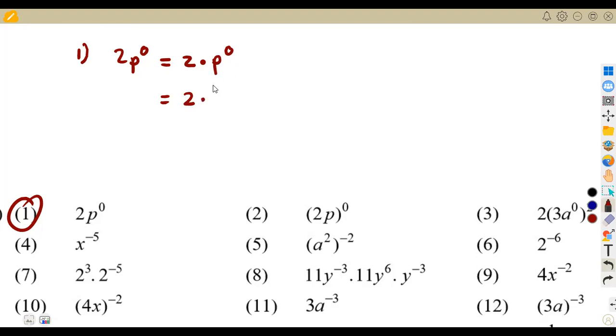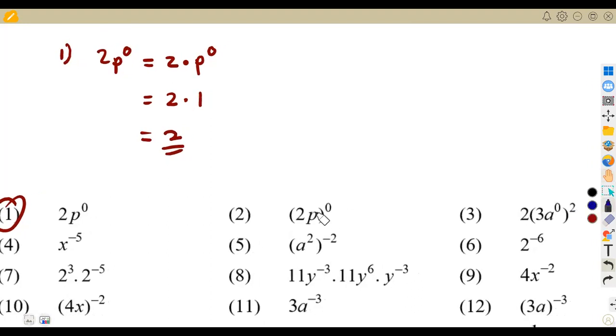We know that any number to the exponent of 0, from our definitions, gives us a 1. So that's 2 times 1, which is going to give us a 2, okay? Which I also explained from our examples. Remember, when the whole bracket is being raised to the exponent of 0, we are going to get a 1, okay?